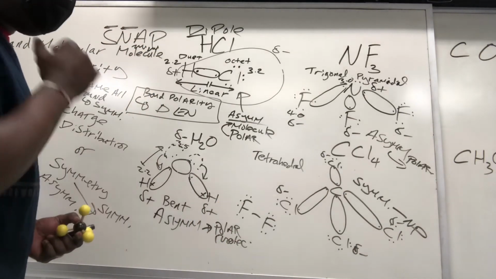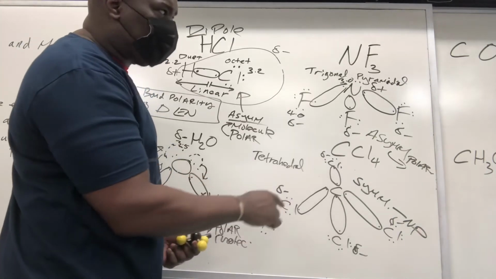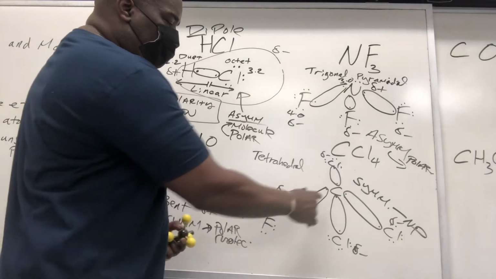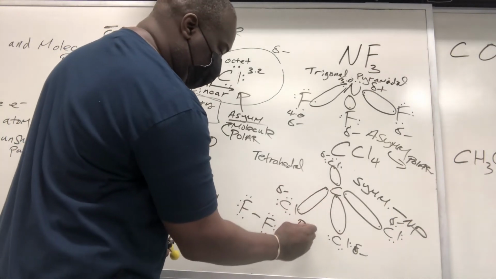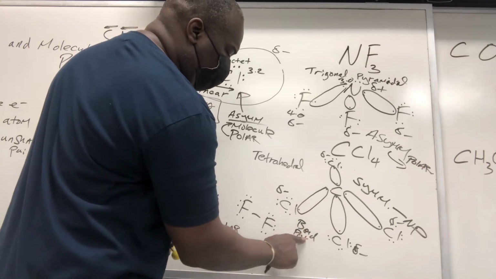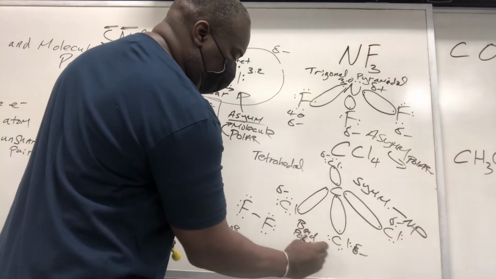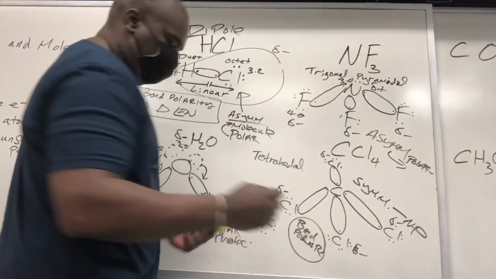Now notice for CCl4, as we're winding down, the bonds are polar. Write it down here, bond. Remember bond polarity: we just checked the electronegativity difference, so CCl4 has polar bonds.